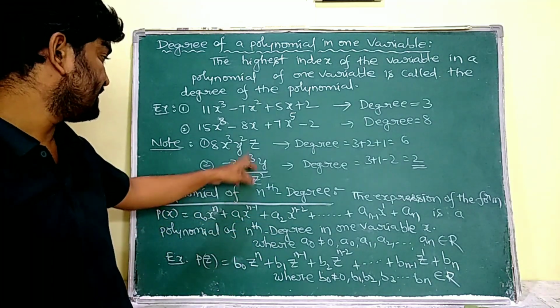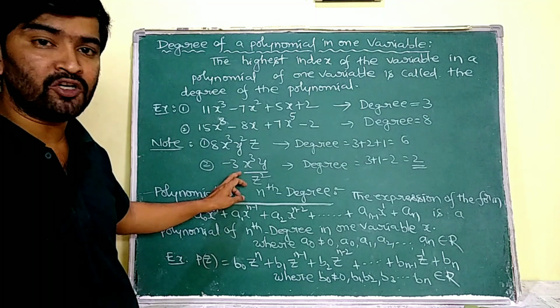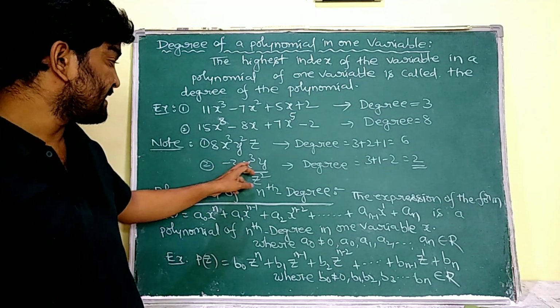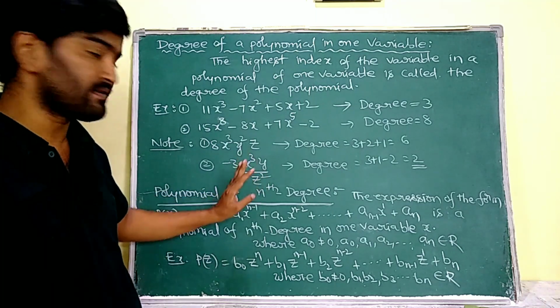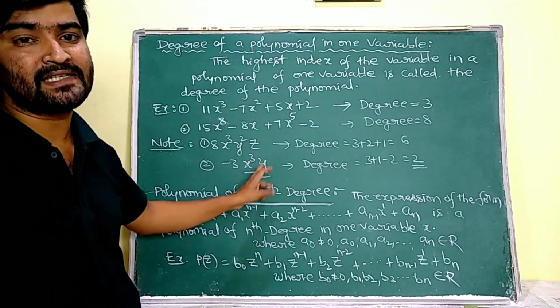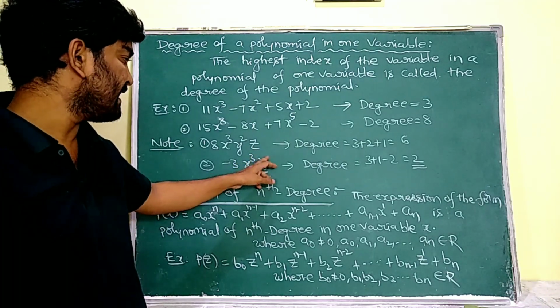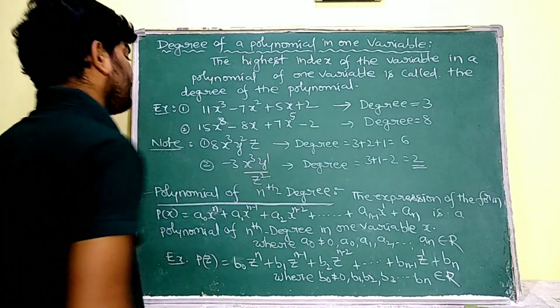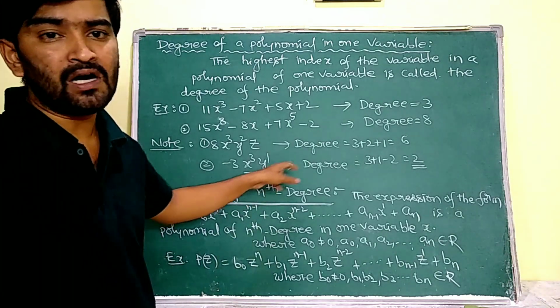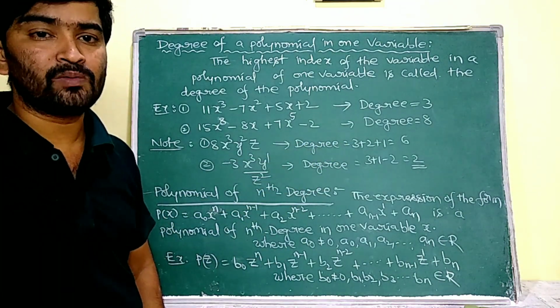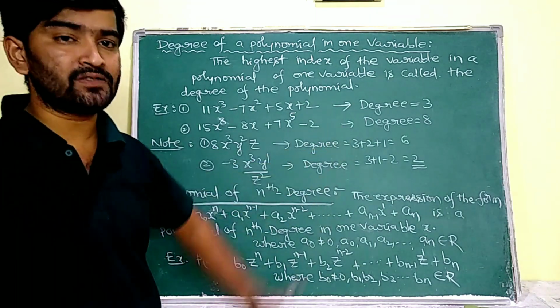Now it is also a monomial, not a polynomial. See, in this monomial, minus 3 x cube y by z square, to find its degree we just add the powers 3 and 1 and subtract the power 2. That is 3 plus 1 minus 2, so its degree is 2.